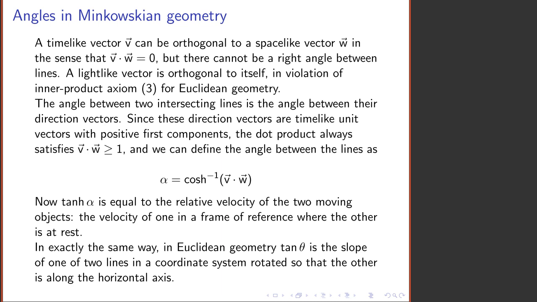And the same thing actually happens in Euclidean geometry. If I take two lines of Euclidean geometry and rotate the diagram showing the two lines so that one of them is horizontal, then the tangent of the angle between them is the slope of the other line.